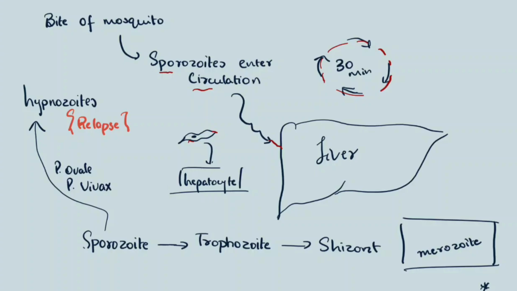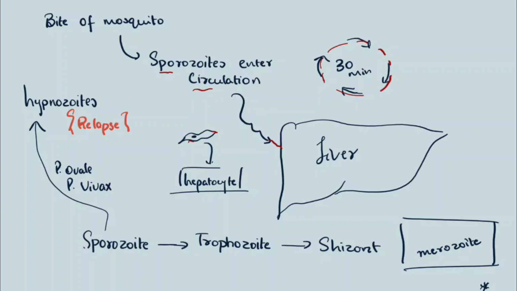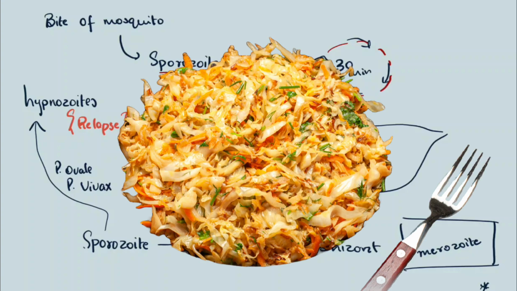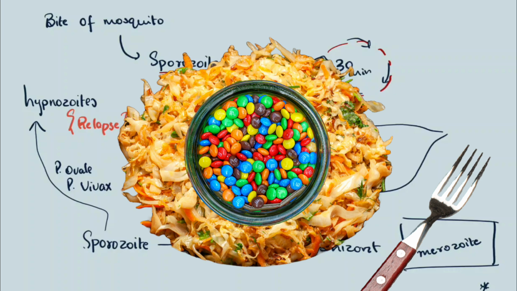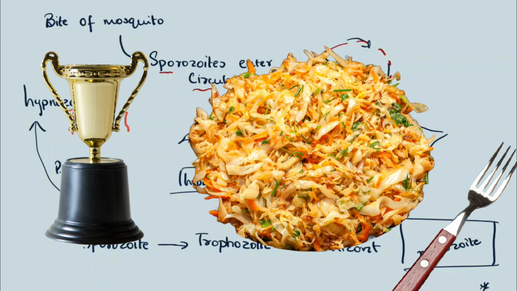Now, once it's inside of the hepatocyte, I want you to remember a couple of things. I want you to think of trophy, as in when you win a prize. So, trophy. And then after this, I want you to think of Szechuan fried rice. It's a little peculiar because inside this fried rice, we've got some M&Ms, like the candy. So remember trophy and then Szechuan fried rice, and inside this fried rice, we've got M&Ms.